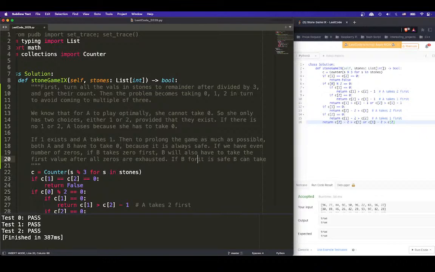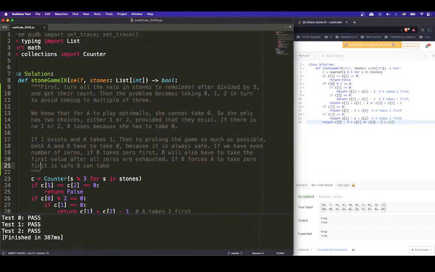If B forces A to take 0 first, right, then A will take the first value after all zeros are exhausted.